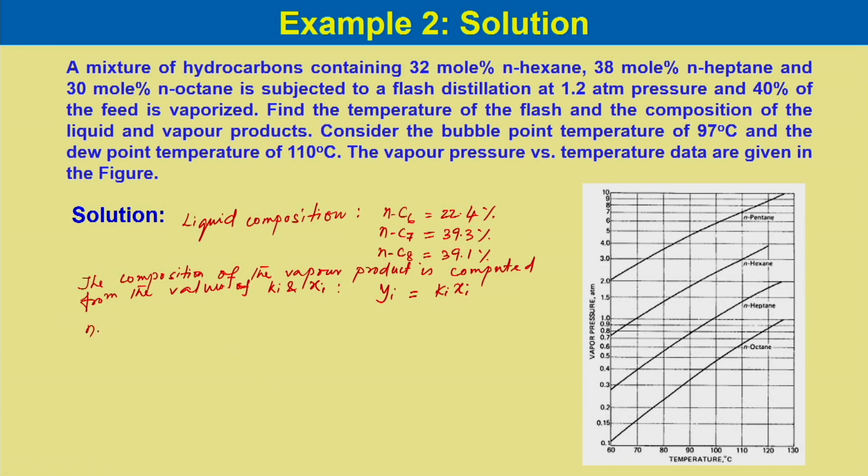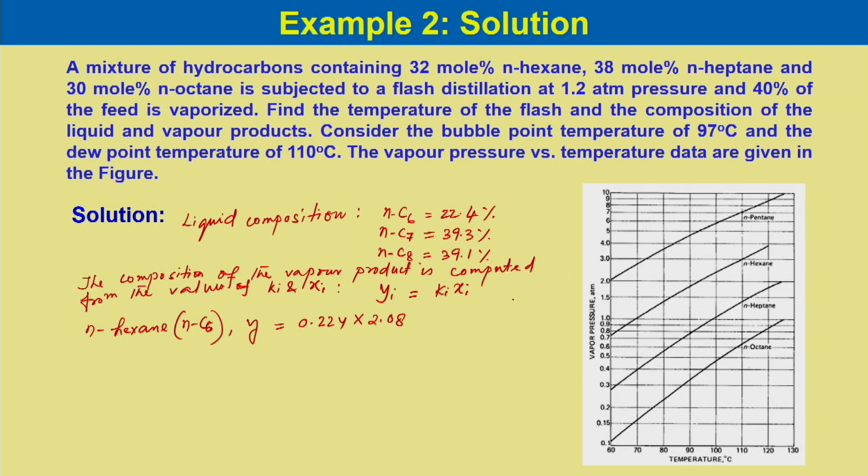Now, for n-hexane, nC6, the vapor composition would be 0.224 into 2.08, which is Ki.